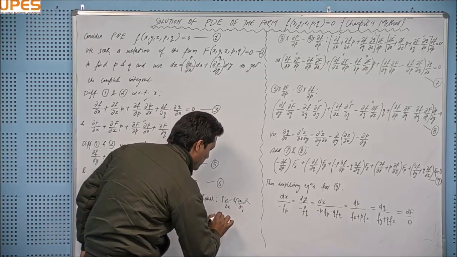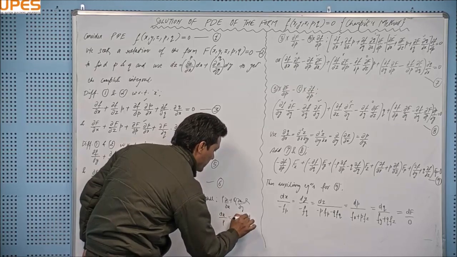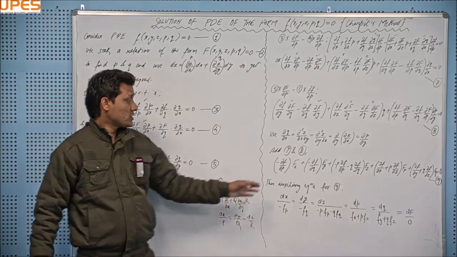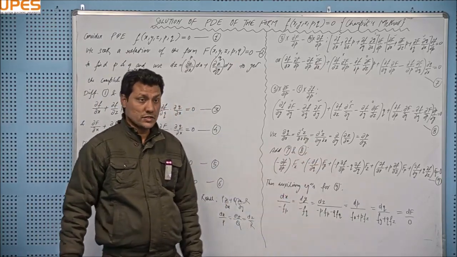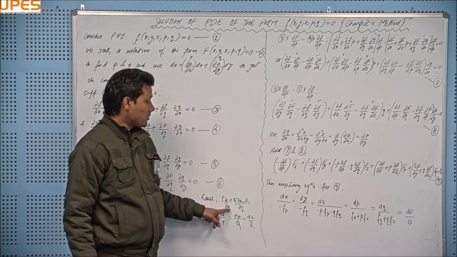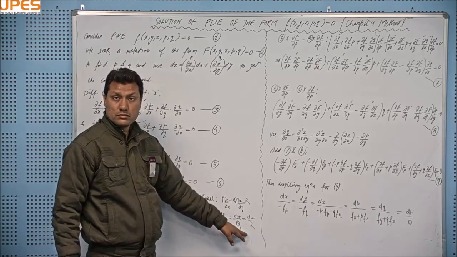For this, the subsidiary equations are given by dx upon capital P, dy upon capital Q, and dz upon capital R. If you compare this Lagrange's form with this standard form, it is containing more terms and more coefficients, right? Here z is the dependent variable depending on x and y, right? Means two independent variables, so we have three ratios, right?